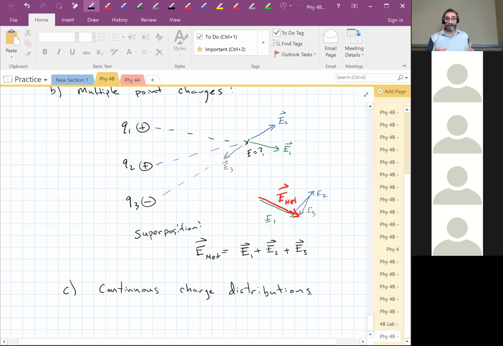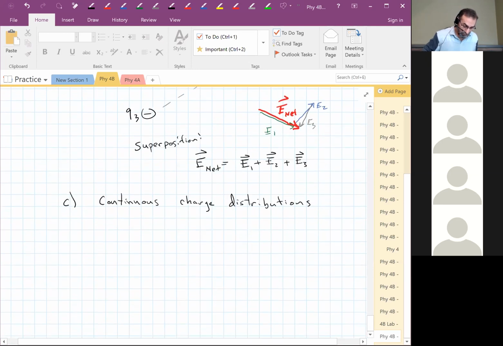So now we want to know, how do we find the electric field from a continuous charge distribution? Let's say we have a rod that's charged up, or a sphere, or a disk. So let's take this example.